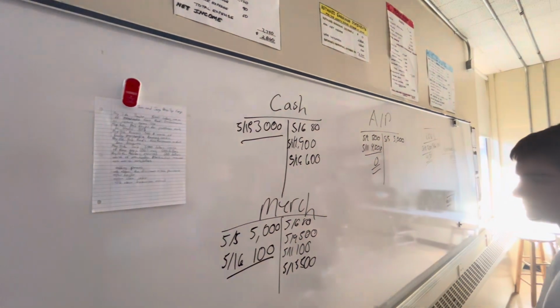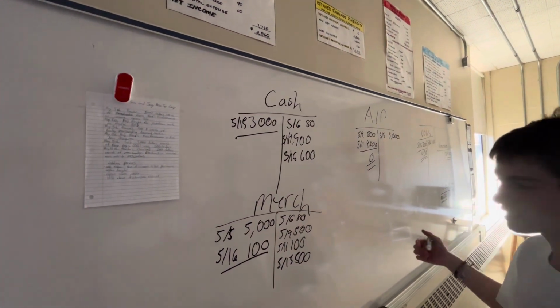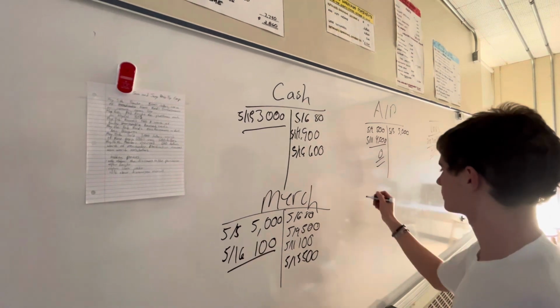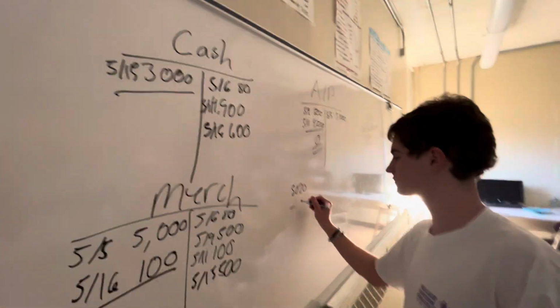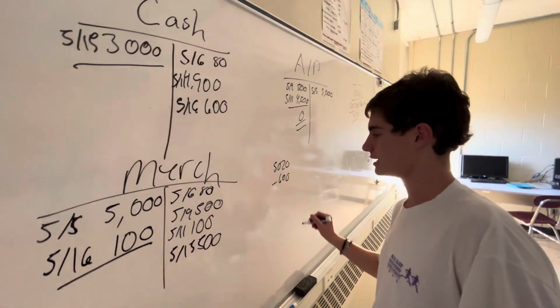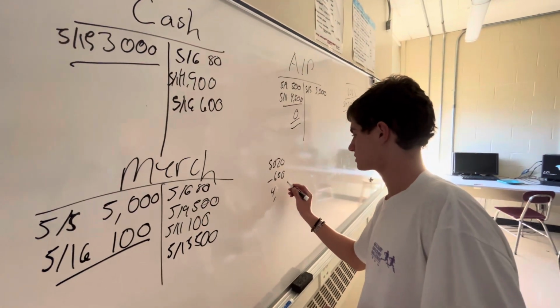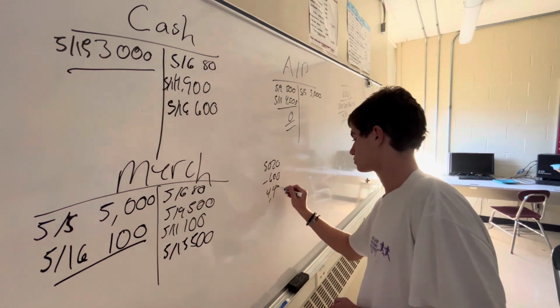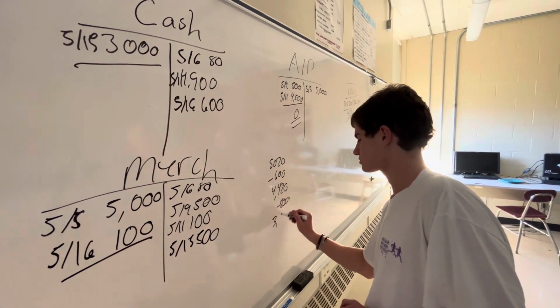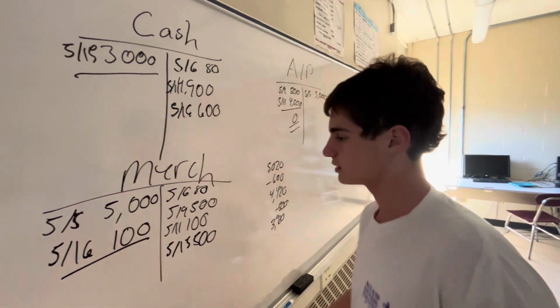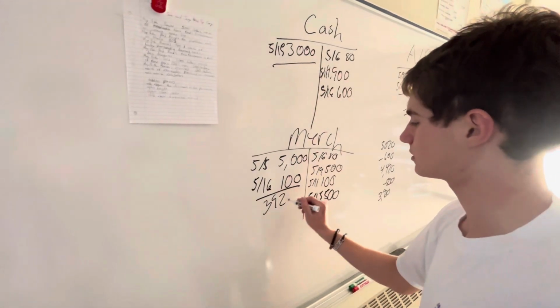I think it's 1,420. So let's do the math real quick here, ladies and gentlemen. So that's 5,100 minus 80 is 5,020, minus 600 is 4,420, minus another 500 is 3,920, if I'm not mistaken.